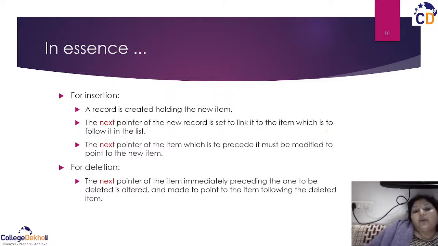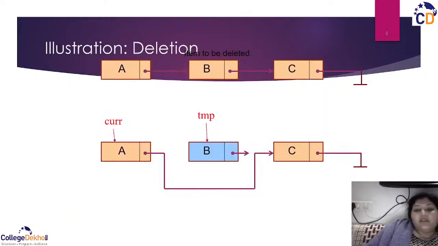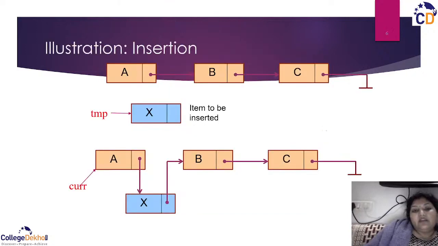The next pointer of the new record is set to link it to the item which is to follow it in the list, and the next pointer of the item which is to precede it must be modified to point to the new item. Now you should know this, it is very very important whenever we delete or insert anything.